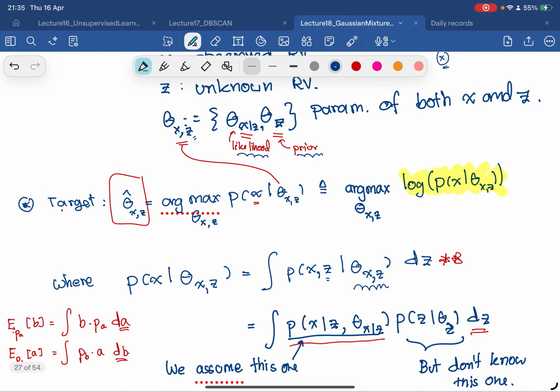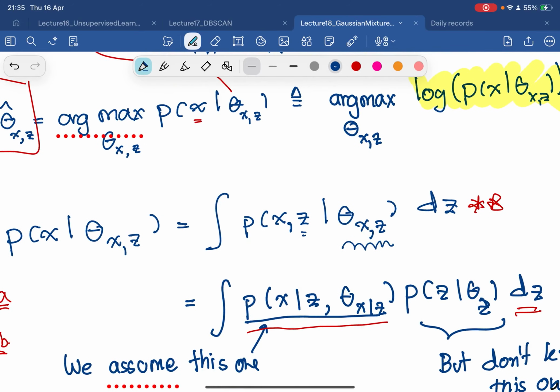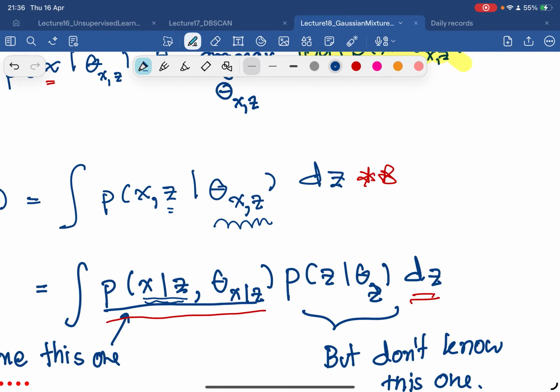And the thing is, usually when our setting is like this, we will start to assume the distribution of x given z, just like what we've done previously. We assume that the probability of x given z is a conditional Gaussian distribution, and the probability of z is something that we don't know, but we can also assume that.